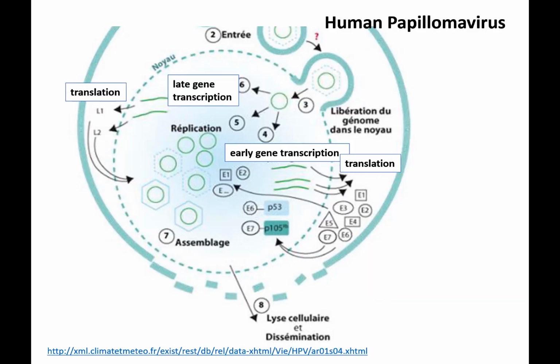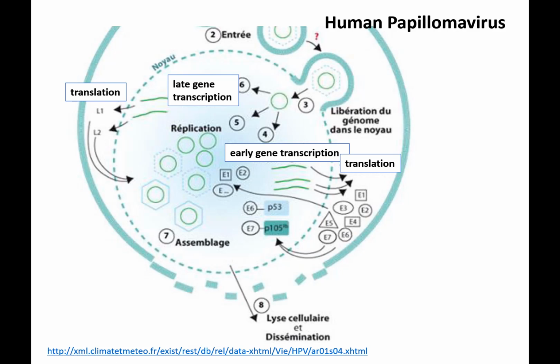Okay, this was just kind of translated some of that. So again, once human papillomavirus uncoats, it actually will enter as the nucleus is breaking down. That's why the nuclear membrane is dotted here. And this is happening during mitosis.